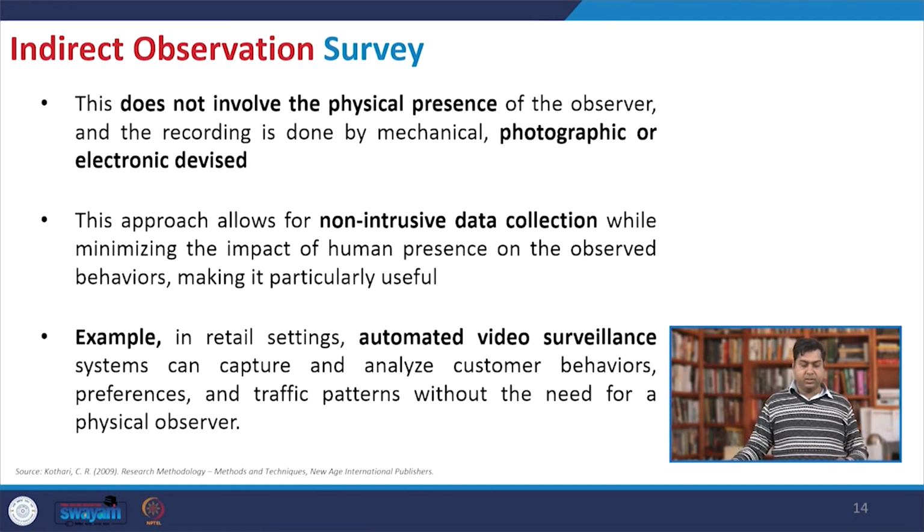Indirect observation, this does not involve the physical presence of the observer or the researcher or the surveyor you deploy, and recording is done by a mechanical, photographic or electronic device. So, you are not on the spot, but you have the recorded video. So, in such cases you can later on synthesize and you can do some image processing or video processing by which you will try to understand the behavior.